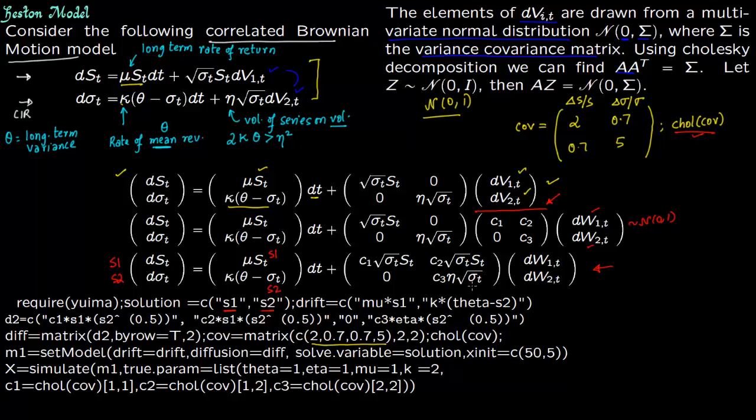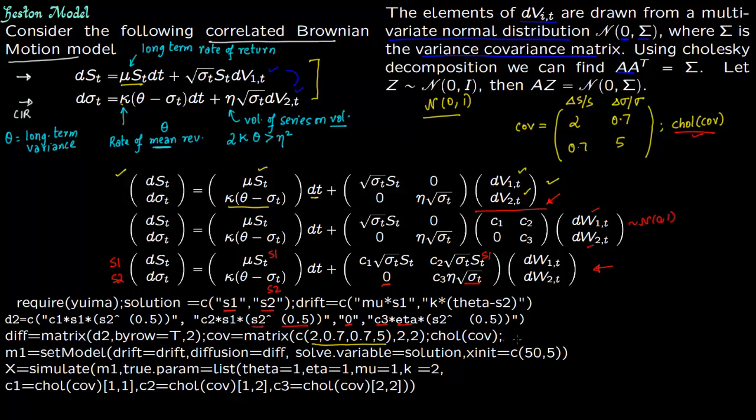And that's what we are going to write, the C1 S1 square root of S2, then C2 S1 square root of S2, then this 0 is coming here, and then C3 eta, then square root of S2. So that is your model.